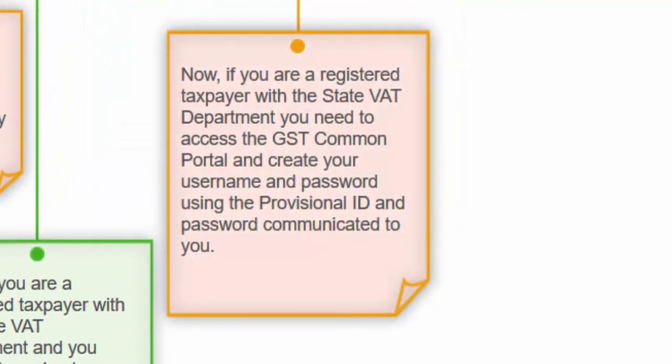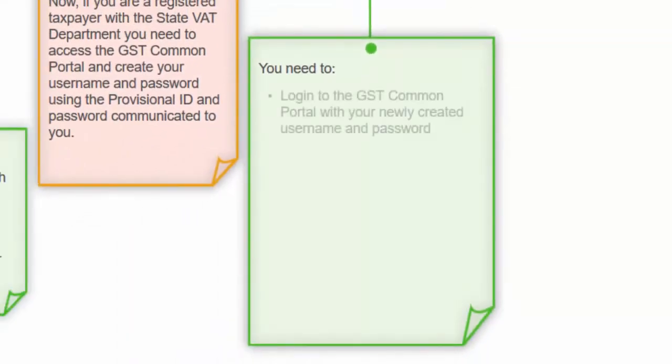If you are a registered taxpayer with the state VAT department, you need to access the GST Common Portal and create your username and password using the provisional ID and password communicated to you. Next, you need to log in to the GST Common Portal with your newly created username and password.